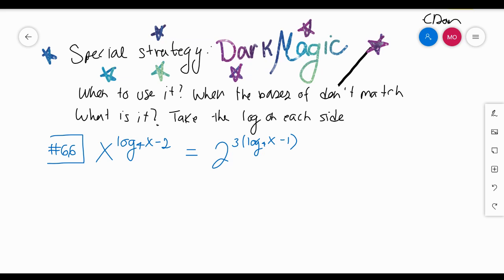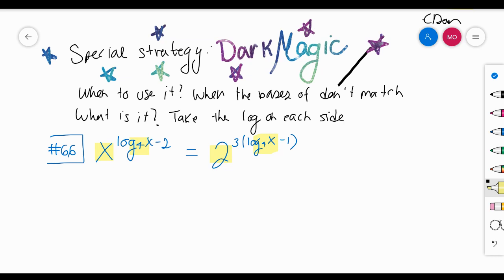So when are we going to use this strategy? If you look at the example that I'd already put down there, the thing that is bothering us is the fact that you have a base x here, a base 4 here, a base 2 here, and another base 4 here, and there's no way you're going to be able to transform it so that on the left side you have the same base and on the right side you also have the same base.